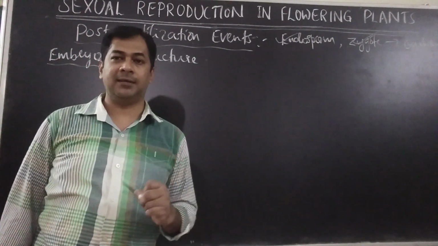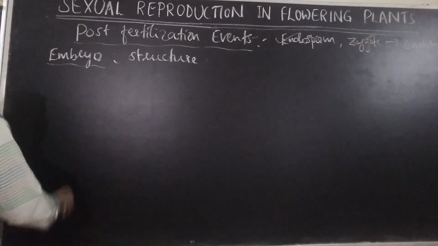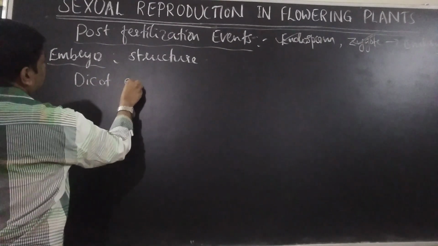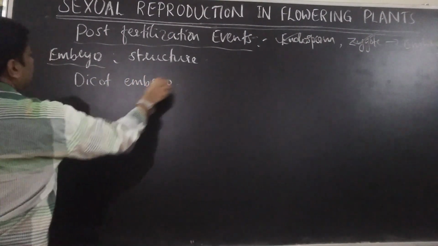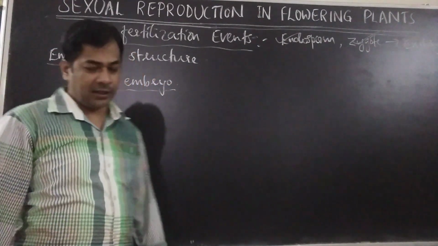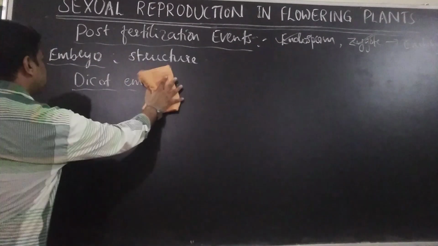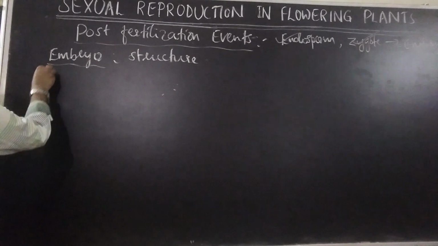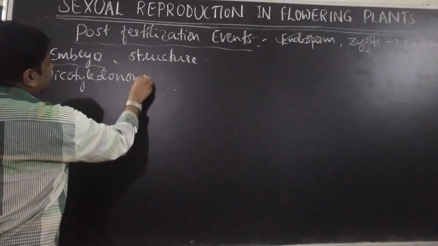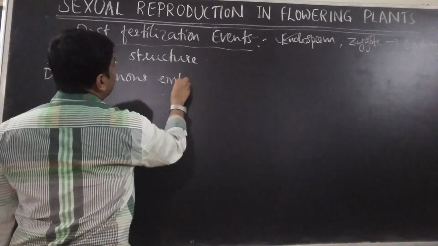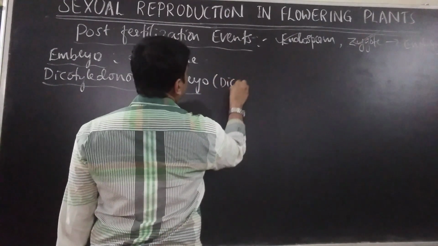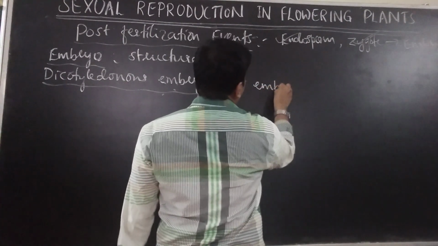In dicotyledonous plants, how the embryo will be. Okay, first one, dicot embryo, or you can also say dicotyledonous embryo. In short, dicot embryo. So if you want, I can write the full dicotyledonous embryo. In short we say dicot embryo.